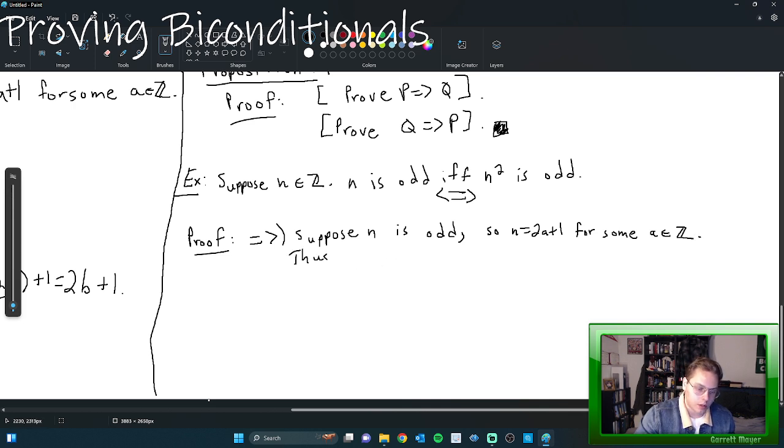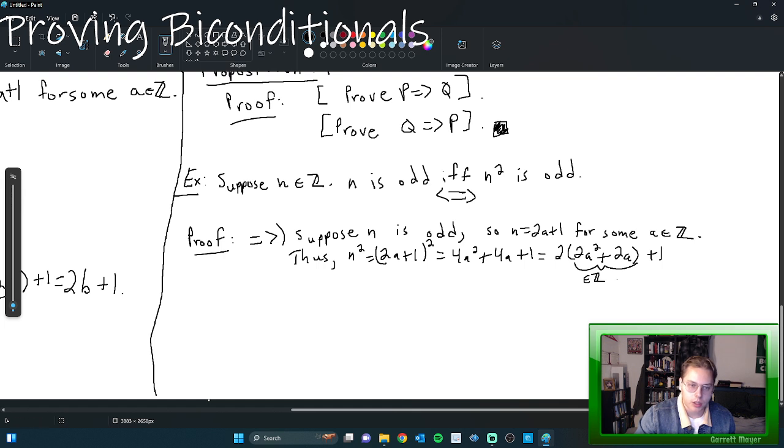Thus, n squared equals (2a plus 1) squared, which equals 4a squared plus 4a plus 1. I feel like we've seen this same thing being proven so many times here, but for the sake of example, it's helpful to get this sort of repetition to see how this can apply to different situations. That's an integer, so n squared is odd.